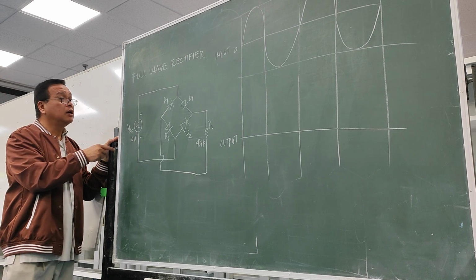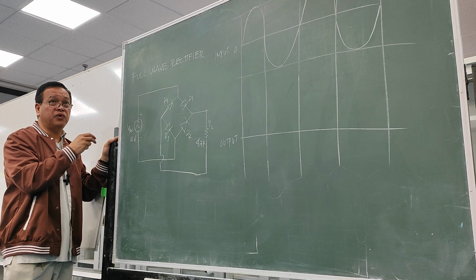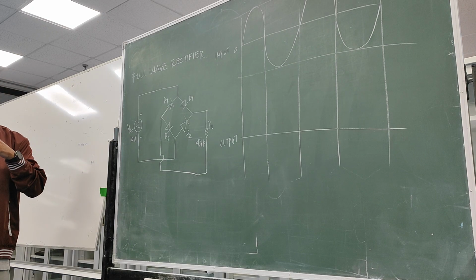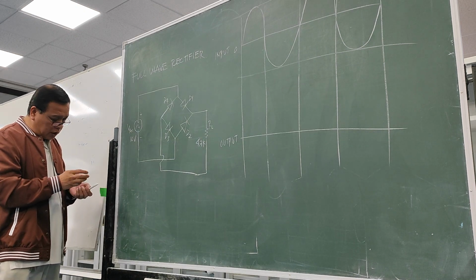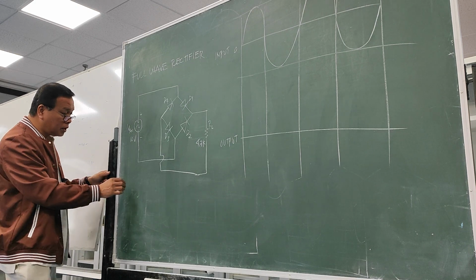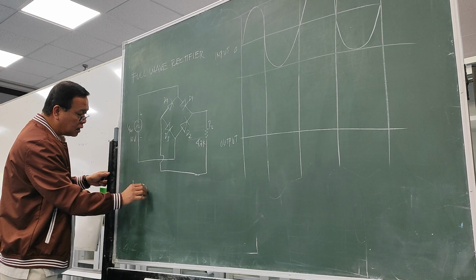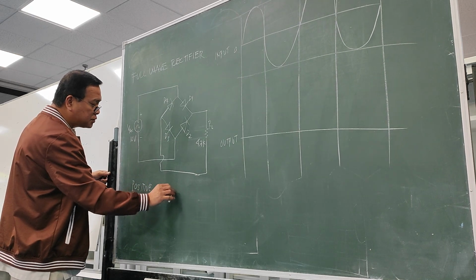So here, you only identify which diode will be forward biased. Forward bias means turned on, and reverse bias is off. Correct? So which diode will turn on during the positive half cycle?